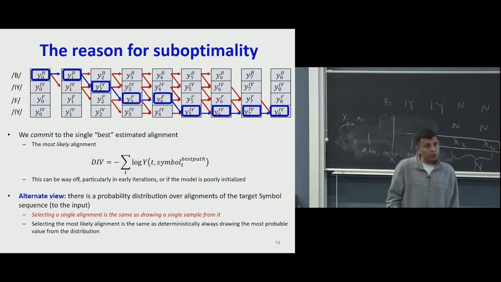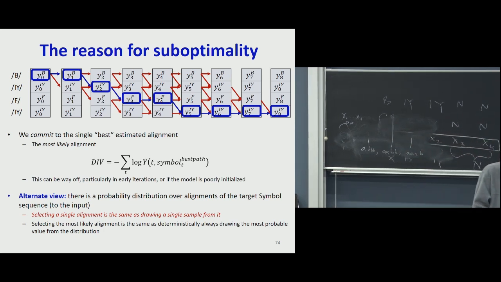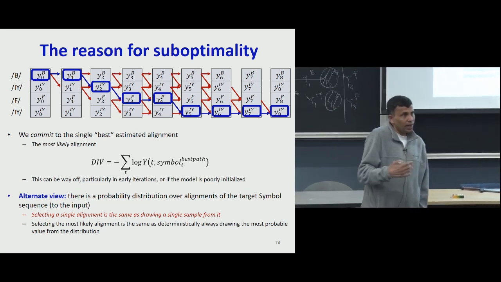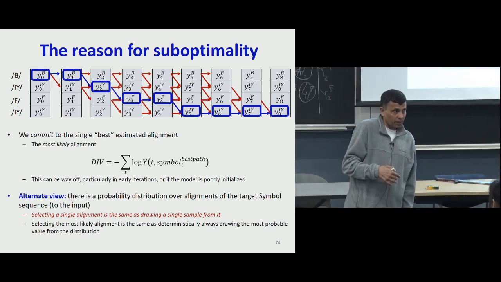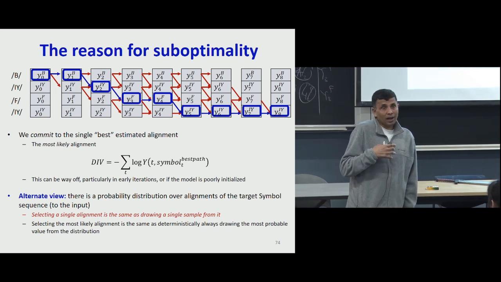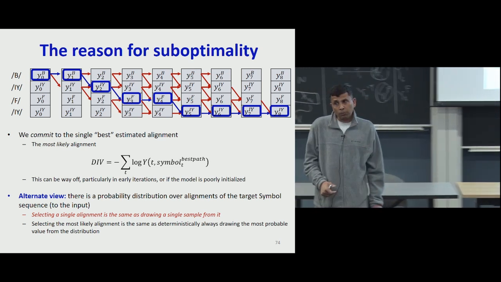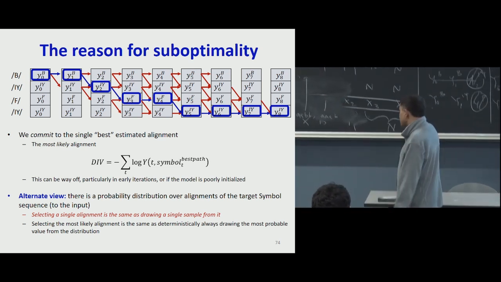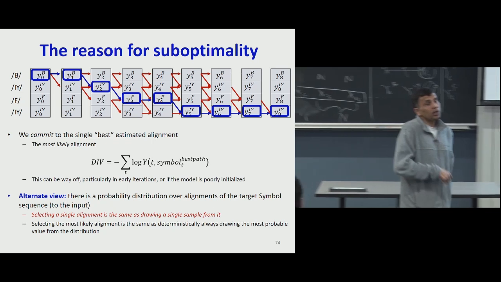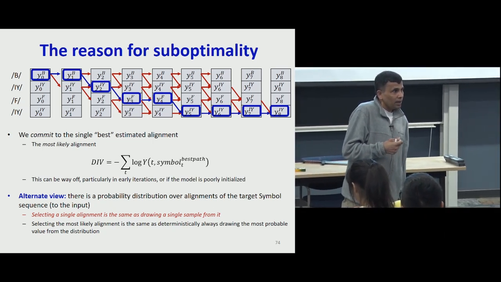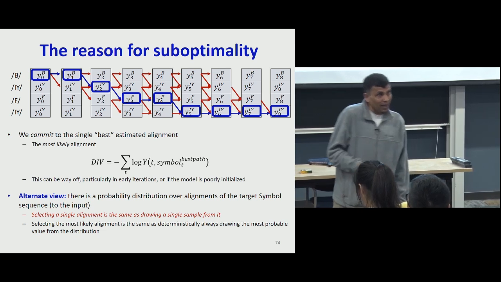We are just picking this one because it has the highest probability. An alternative view is to say I'm going to be randomly drawing from this distribution, where I will pick the more likely ones more frequently and the less likely ones less frequently. Or I can take one step back and say, since I don't really have complete confidence in any one of these alignments, I'm not going to pick any one. I'm going to use all of them. If I use all of them, what exactly would I be doing?